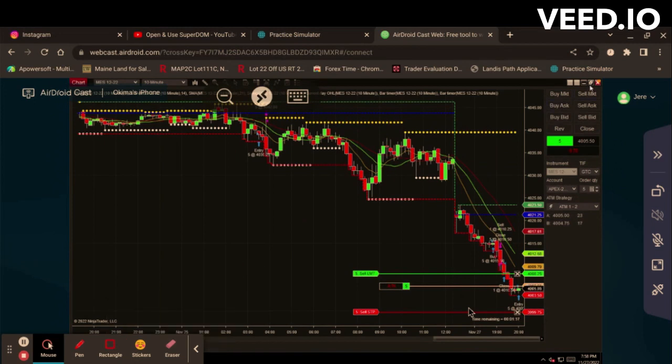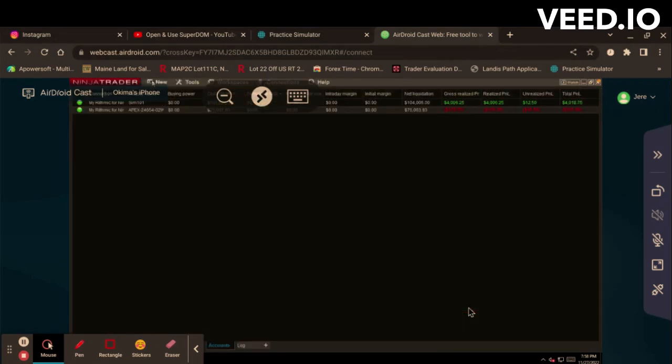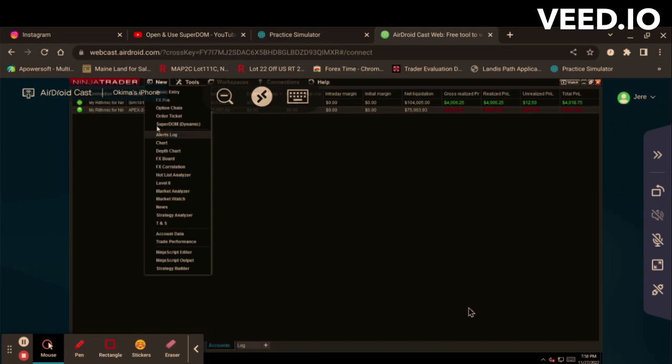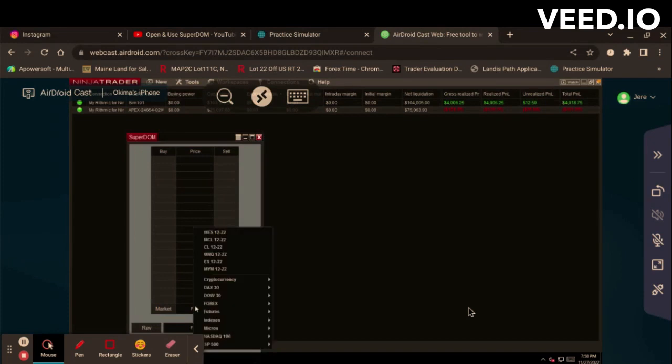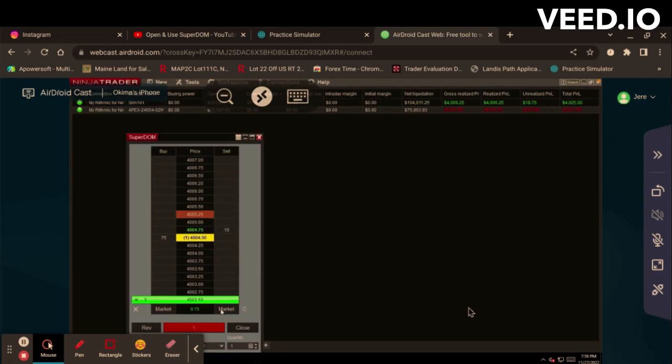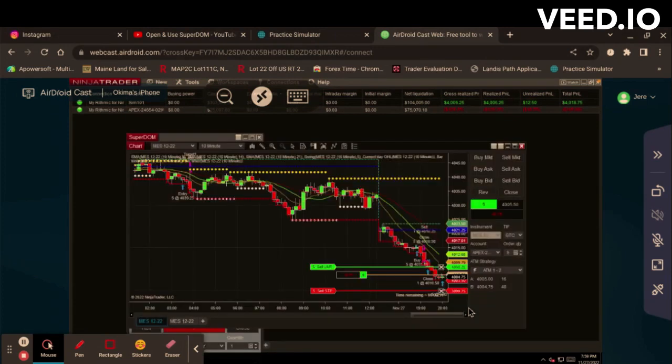I was talking about the DOM in the last video, and it's one of my more frequently used tools. The DOM pretty much shows you pending orders in the market. As you can see, it's always running. Numbers are changing, those orders are getting filled, and prices moving accordingly.